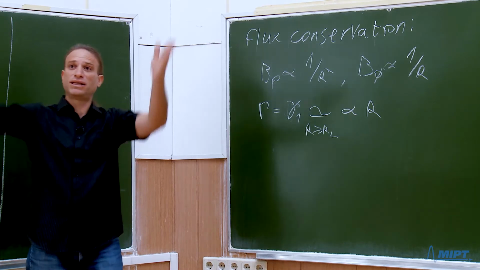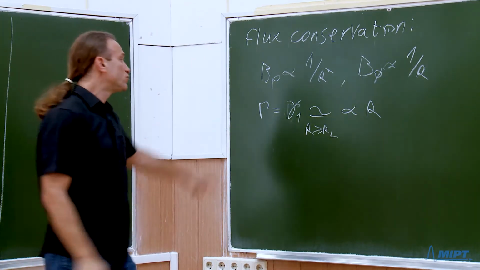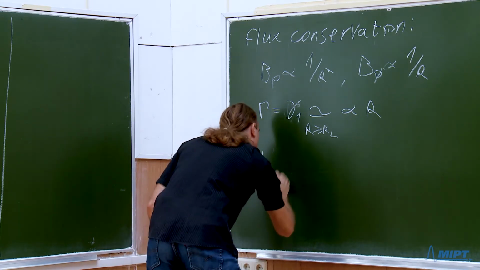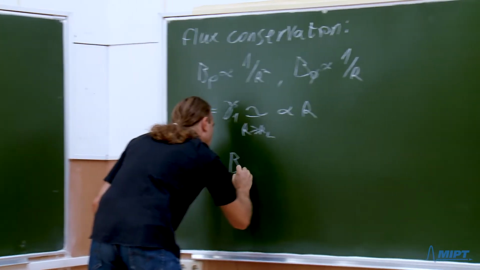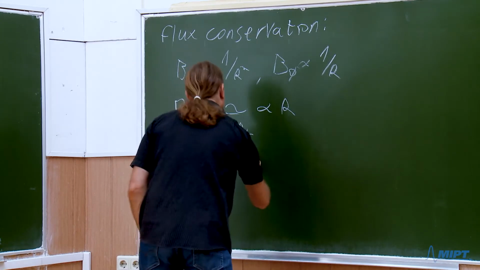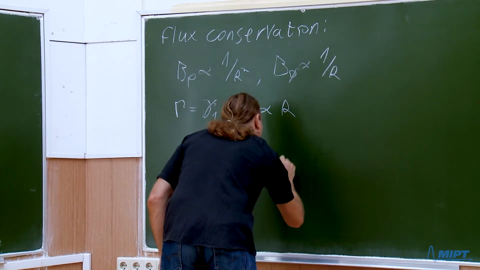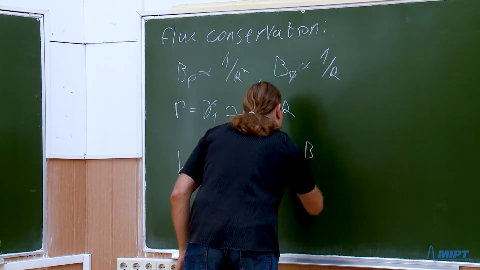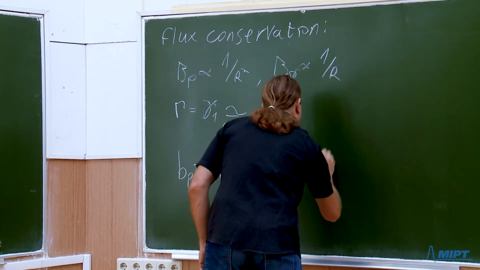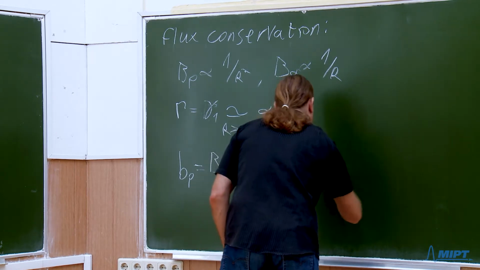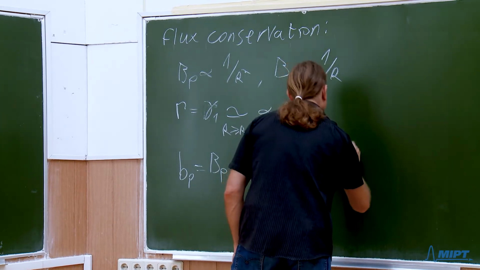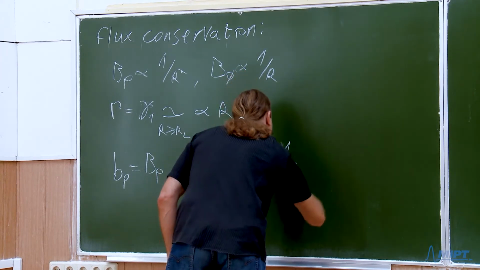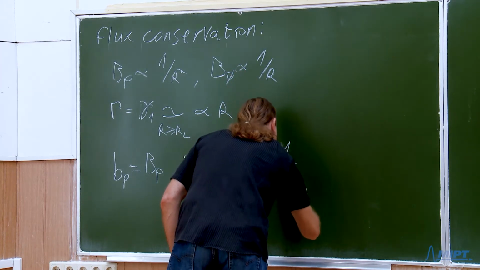So let's write these quantities in the rest frame. Again, we are accelerating along the poloidal direction, so BP doesn't change. So in the rest frame, BP is just equal to BP. However, B phi is equal to B phi in the lab frame divided by gamma, which is proportional to 1 over r square.